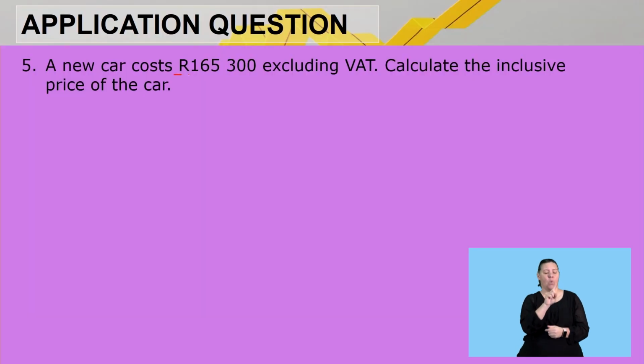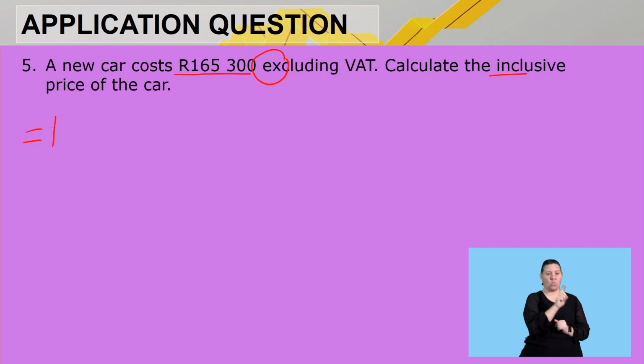Right, then number 5. A new car costs 165,300 excluding VAT. Calculate the inclusive amount of the price. So now we need to calculate the total amount that will be paid.